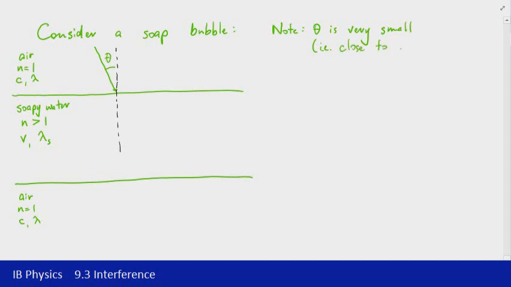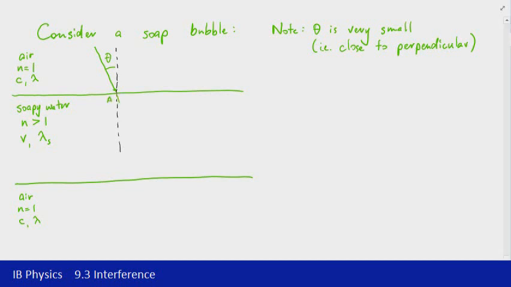So the scale of this diagram is a little bit out of whack, but it's made to look larger there, so it's easier to make sense of what's happening in this scenario. We're also going to label this as being point A.